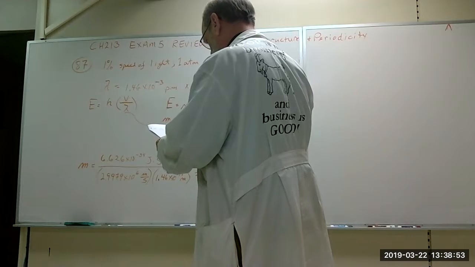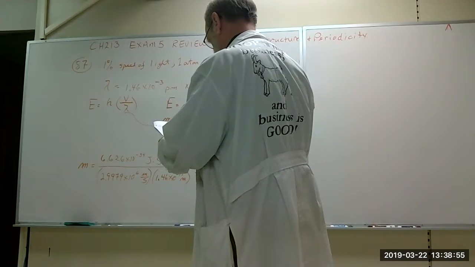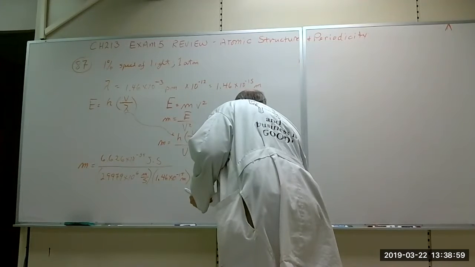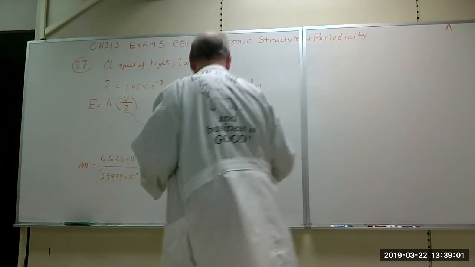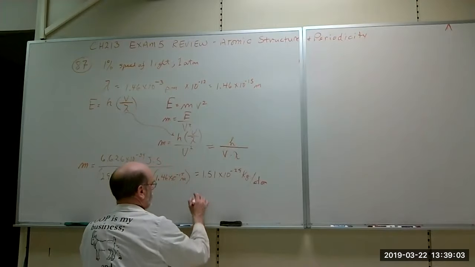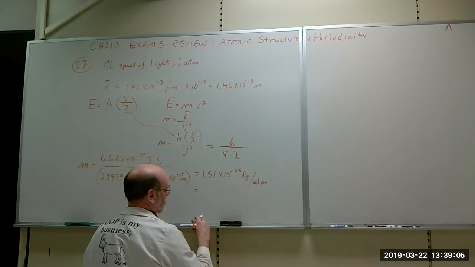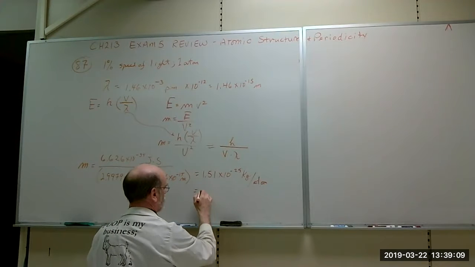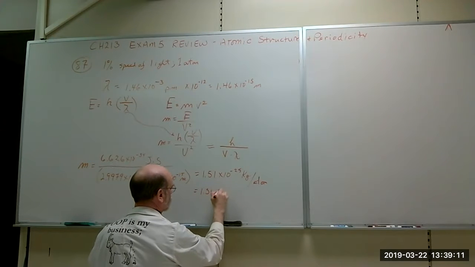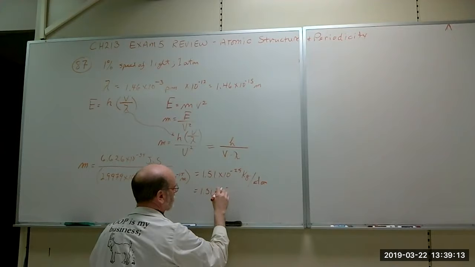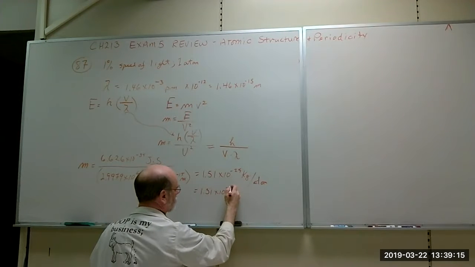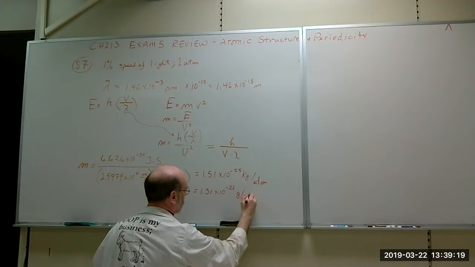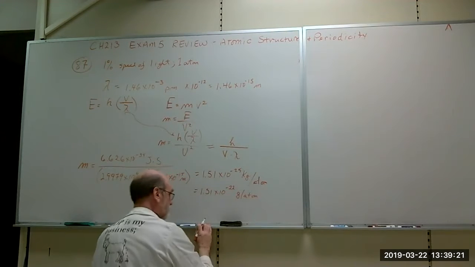And now that we know this is kilograms per atom, our molar mass, which is where we're heading, is going to be in grams. So 1.51 times 10 to the minus, that's 3 times, so it's 22 grams per atom. Right?